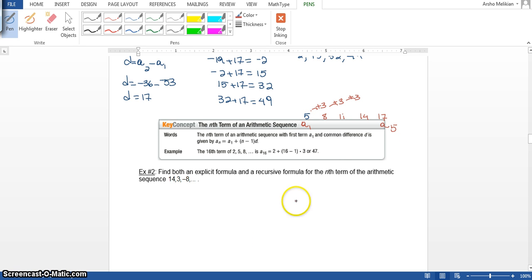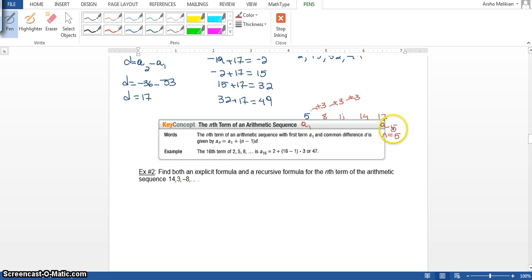Right? Now, if this is A5, what's n? 5. N is 5. Now, if n is 5, let's count how many times we added a 3 in order to get here. I added a 3 once, twice, 3 times, 4 times.